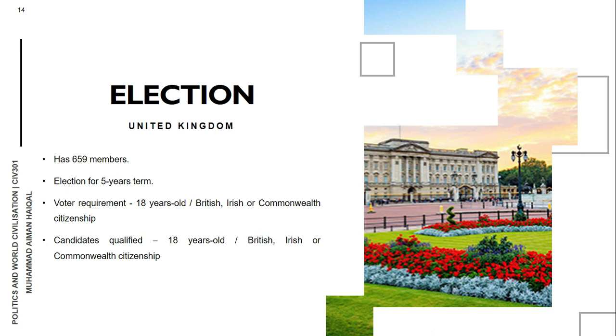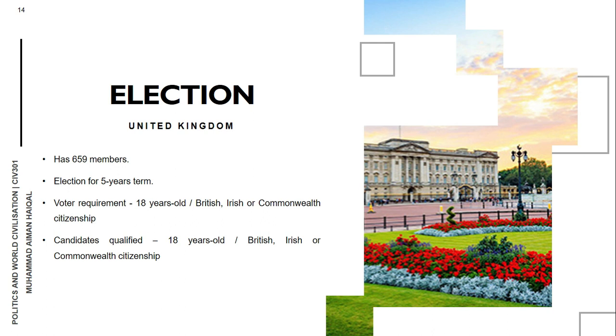650 of them are single member seats: 533 for England, 59 for Scotland, 10 for Wales and 18 for Northern Ireland. To vote in a general election, the person must be 18 or more on the day of the election, as long as he or she is registered as a British citizen or a qualified citizen of the Commonwealth or of the Republic of Ireland.